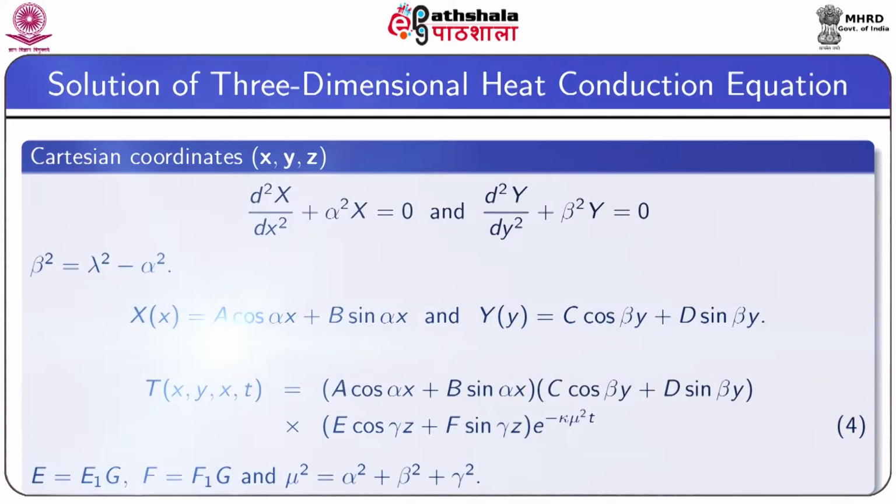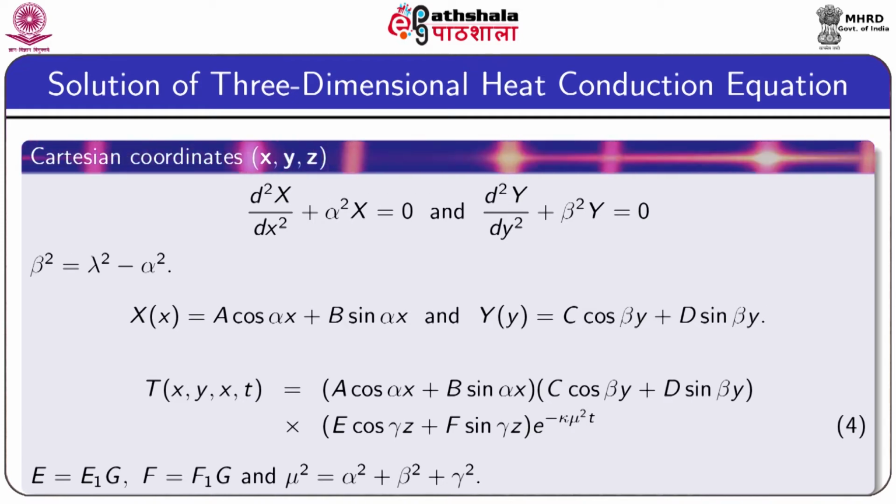And in this solution, we have redefined the constants as follows. Capital E is equal to E1 G and capital F equals F1 G. And the constant mu square is defined as alpha square plus beta square plus gamma square.